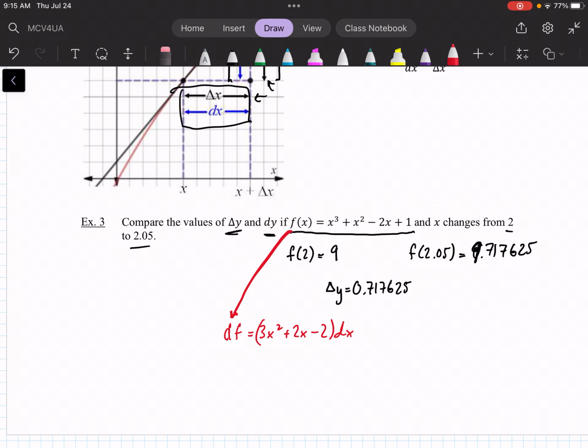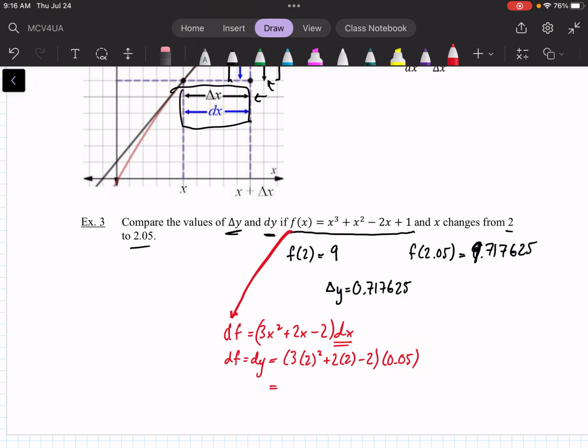Now df and dy are very similar, but let's see how different it is. So df or dy, if you wish, you're going to substitute the value 2 in for x. Dx in this case, the change in x values, is just 0.05.